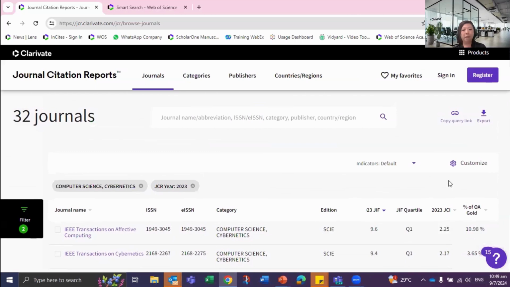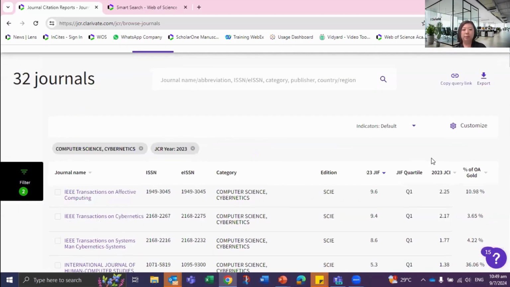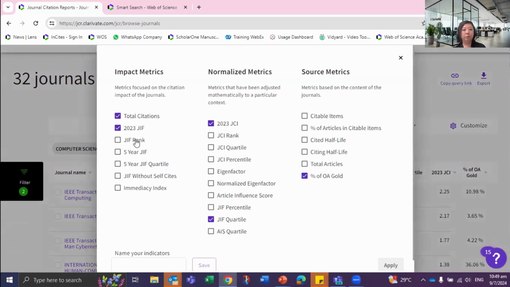Okay. If you want to include other indicators that I mentioned in the journal profile pages, you can click on Customize, and that would pull out a menu of metrics that you can have on that same table. So you can put in things like, let me see, percentage of articles in citable items. You can put in the JCI rank, JIF rank, and then apply.